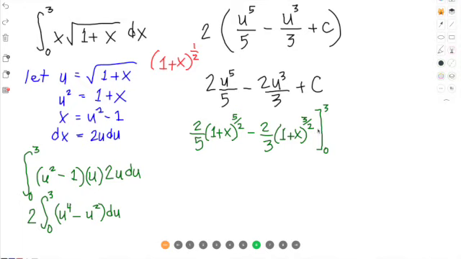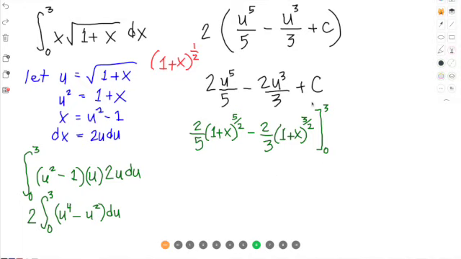So what we're going to do is, first we will substitute 3 for x. We will compute the result, and then we will subtract the expression when we substitute 0 in here. So it's basically upper bound minus lower bound.